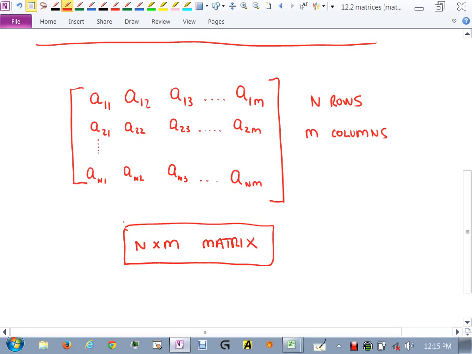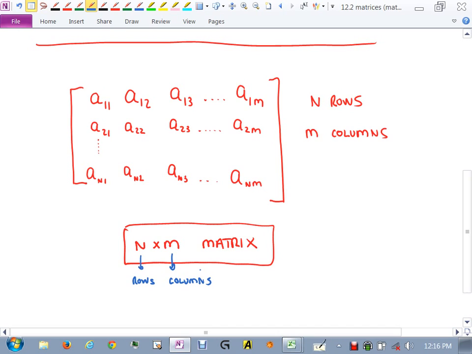That's an N by M matrix. Now, what you always need to remember here is that this is always the rows, this is always the columns. So if I have a 3 by 5 matrix, it's 3 rows, 5 columns.